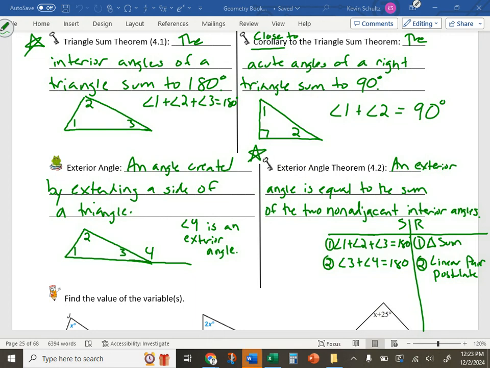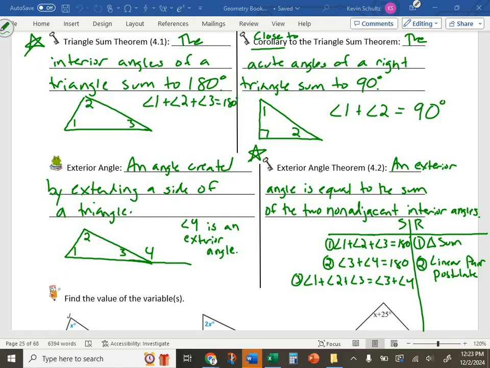We have angle 1 plus angle 2 plus angle 3 is 180. We also have angle 3 plus angle 4 is 180. So, can we say that angle 1 plus angle 2 plus angle 3 equals angle 3 plus angle 4? Yes. Why?